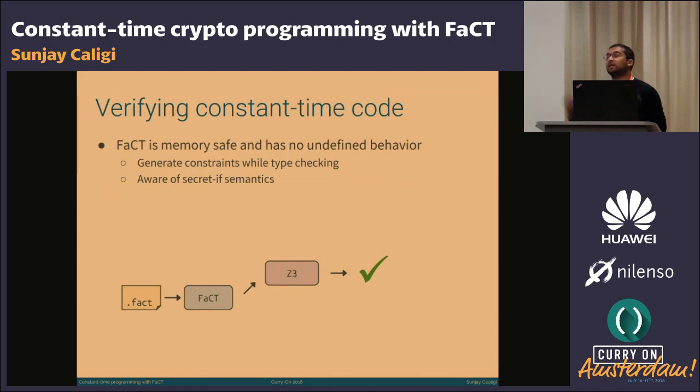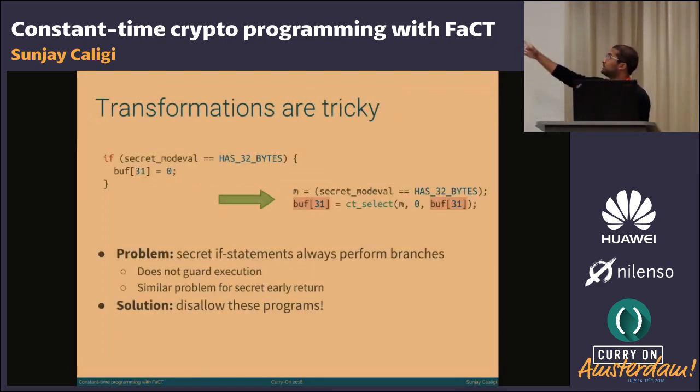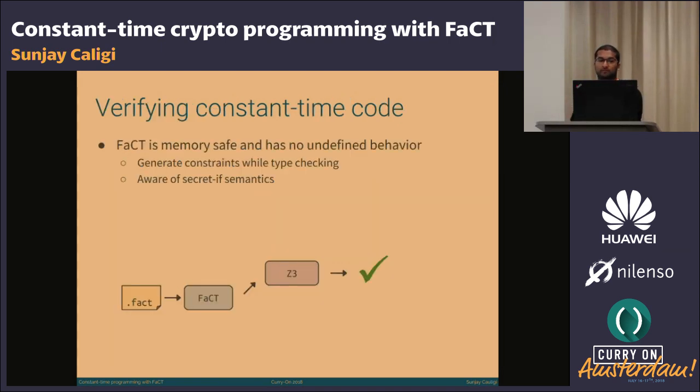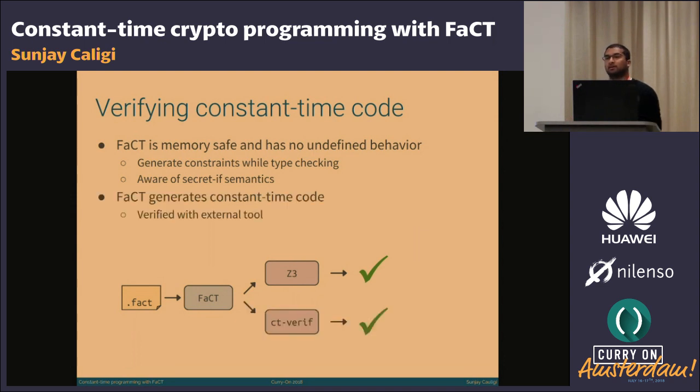All of those kinds of things. And it's aware of these secret if semantics. So in this case, it would be aware that this access is going to happen regardless of that condition. And it would flag this saying, this is potentially an out-of-bounds array access. You need to check this some other way. And so this is included as part of the compiler. So it will prevent programs that are not memory safe or have undefined behavior.